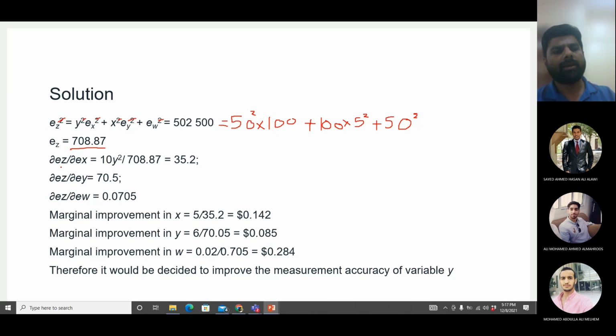So if I do the partial differentiation of EZ with respect to, for example, X, this term will be gone.